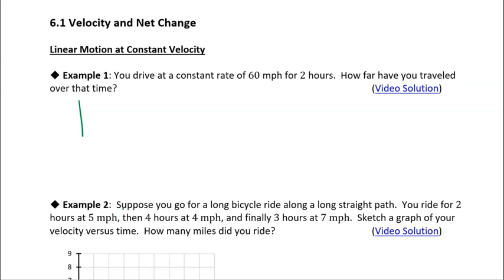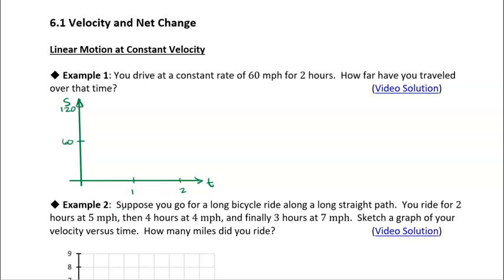So I could graph what the displacement over time looks like. If we start at 0 and let's say 1 hour is here and 2 hours is here, and let's say 60 miles is here, and then 120 is here.